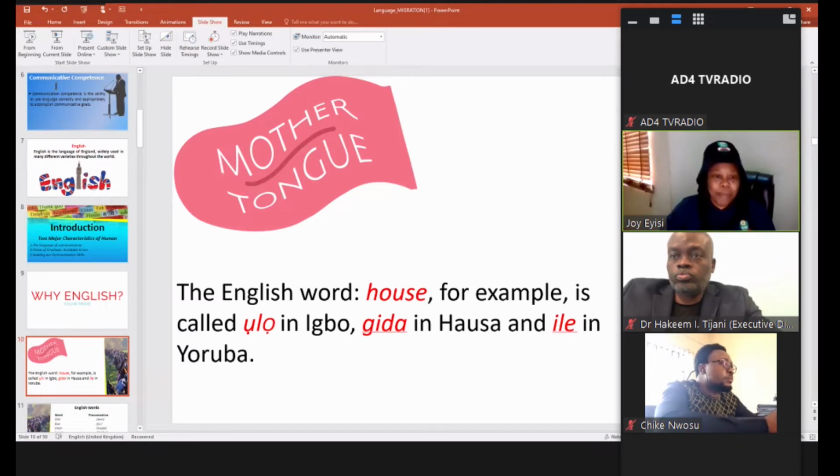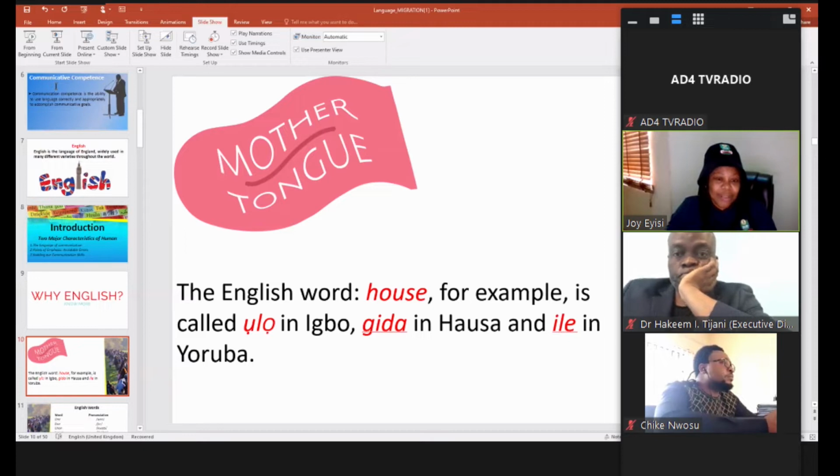Usually, our mother tongue is the language in which we have gained reasonable competence before we begin to learn the English, the second language, in this case, the English language. The native languages in Nigeria are easy to learn, not as difficult as the English language.